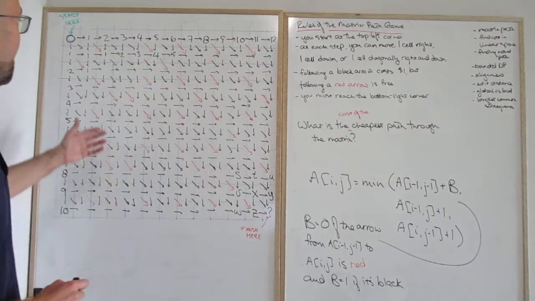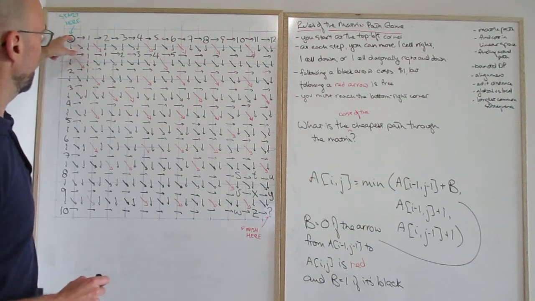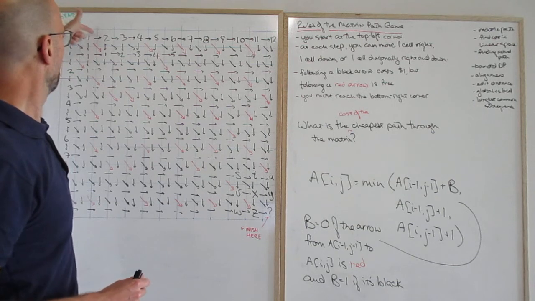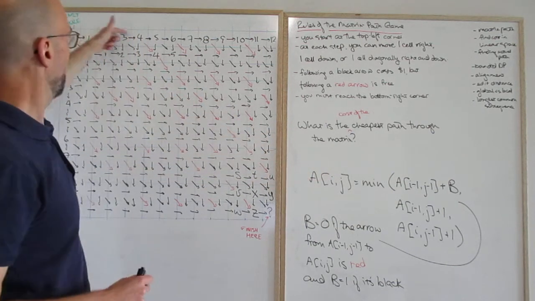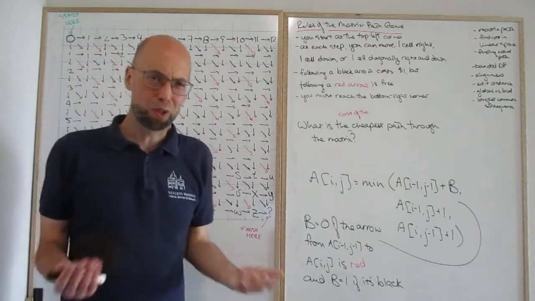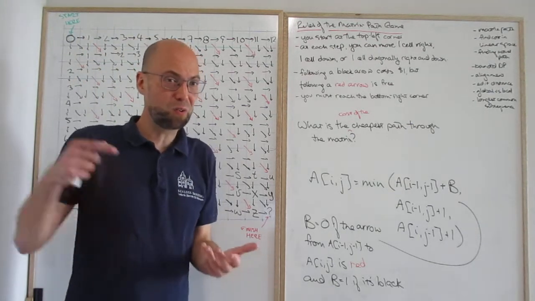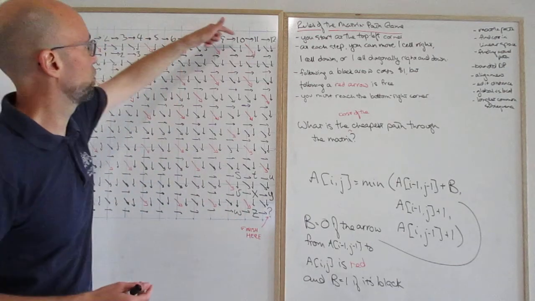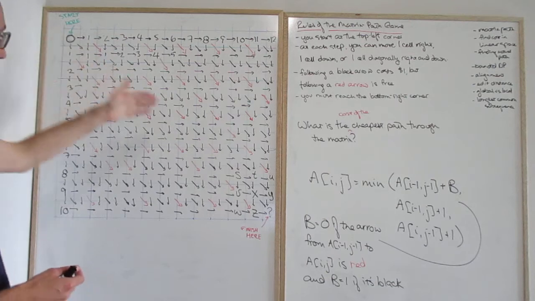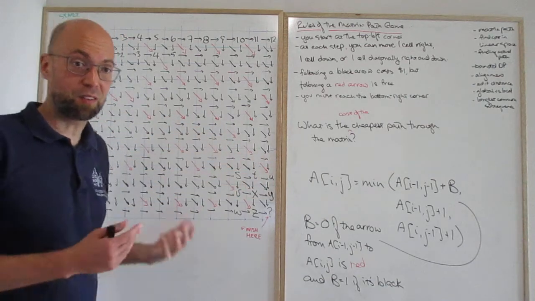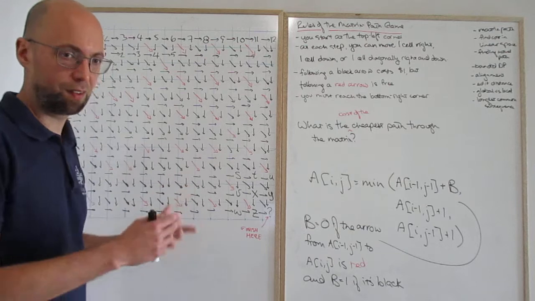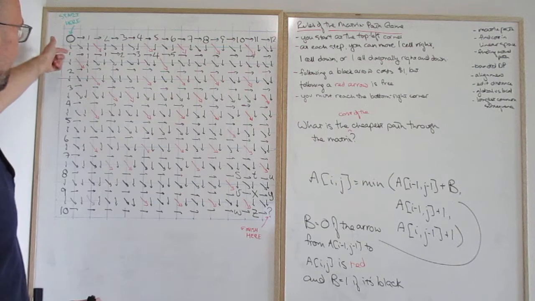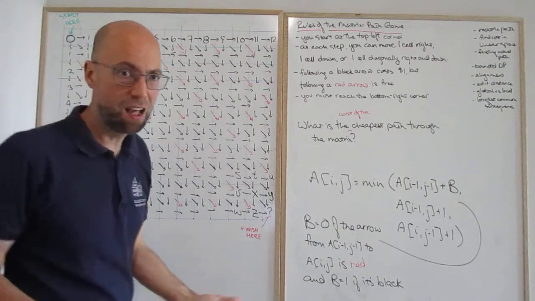And if I tell you just that the starting cost is 0, you can't really apply the recurrence to the top row, but filling in the top row is really easy because there are no diagonal red arrows leading into the top row. So the top row is just 1, 2, 3, 4, 5, 6, 7, 8, 9, 10, 11, 12. And you can't apply it to the leftmost column because j minus 1 is not defined. But still, it's 1, 2, 3, 4, 5, 6, 7, 8, 9, 10.